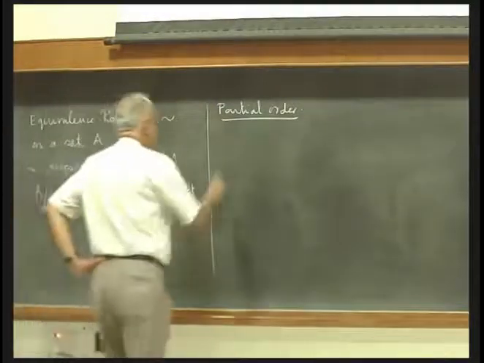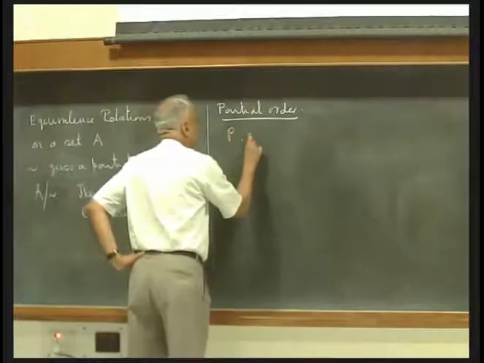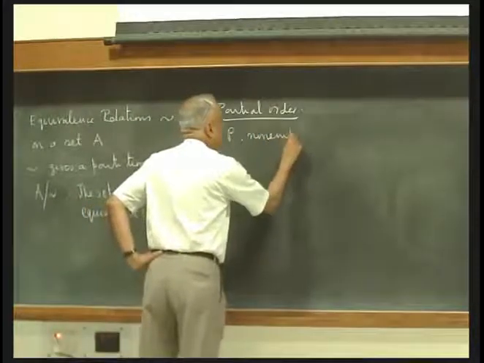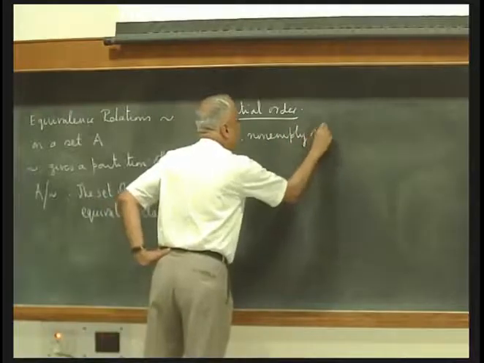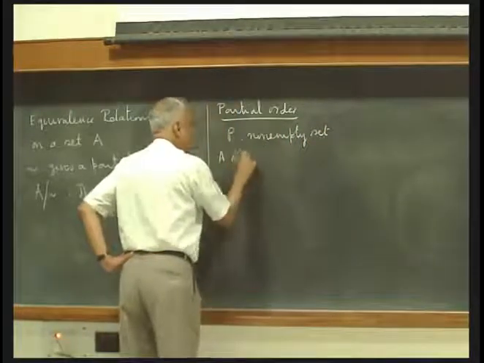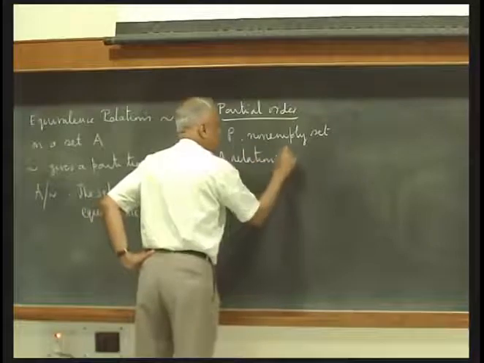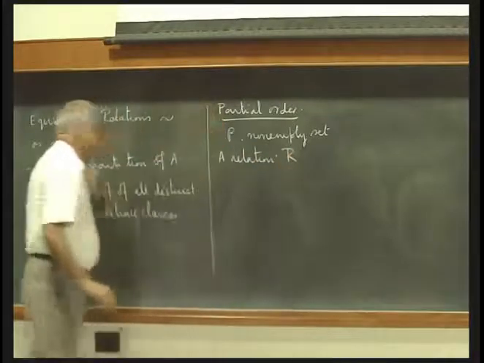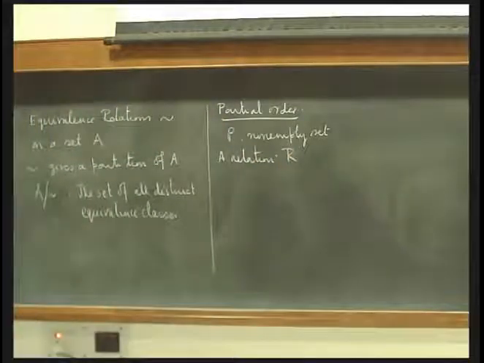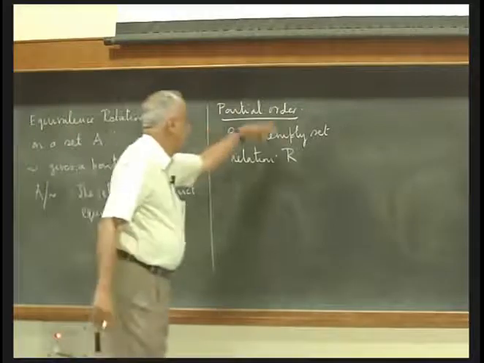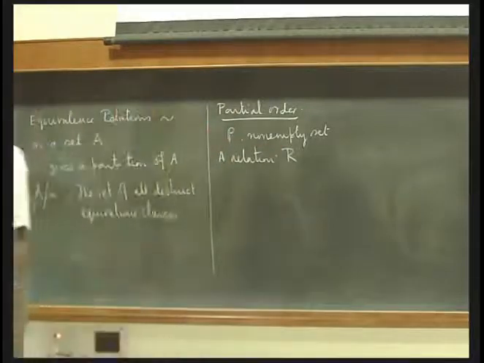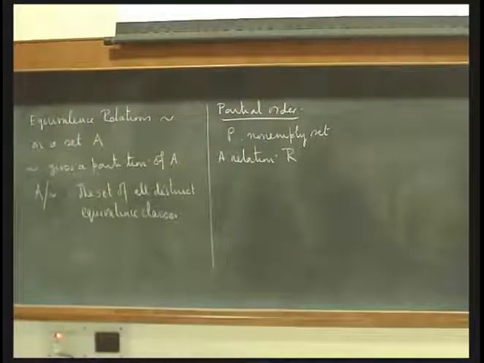So if P is any non-empty set, and a relation R, this notion of equivalence is modeled on the properties of equality with numbers. The notion of partial order is modeled on the relation less than or equal to.